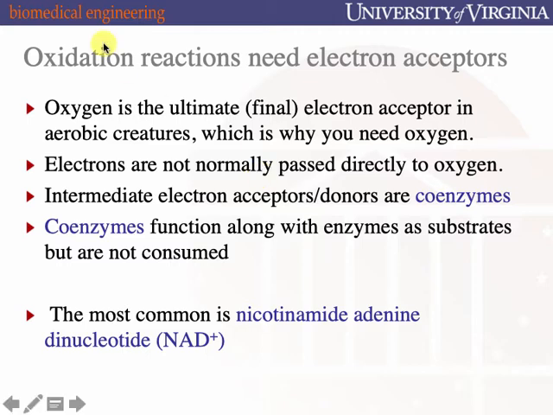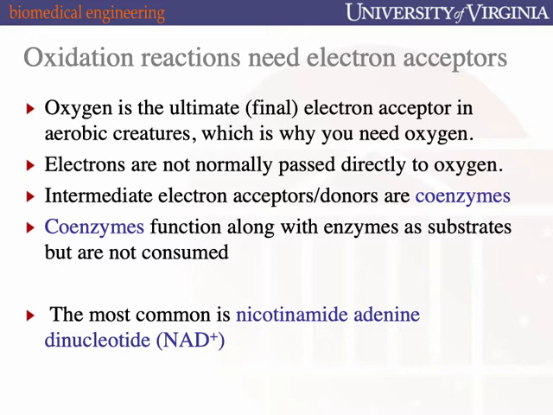Along the way, there are a category of biomolecules called coenzymes that, in this setting, what the coenzymes do is they serve as electron acceptors. They get reduced during that oxidation reaction, and then they can redonate those electrons later on in metabolism.